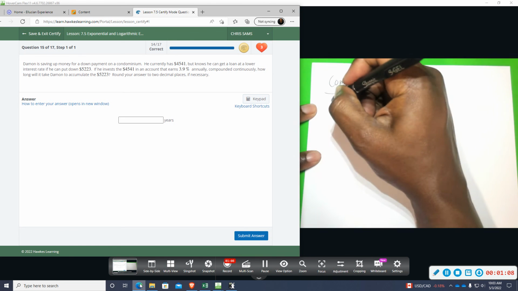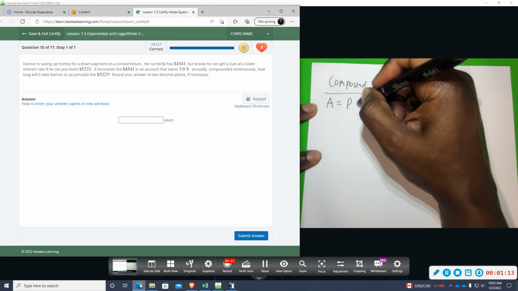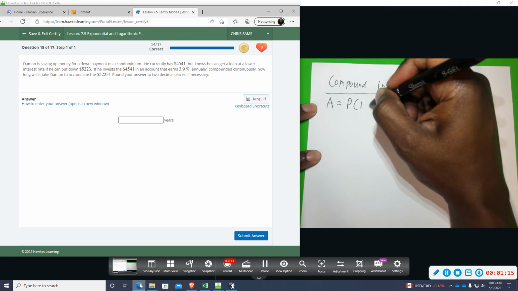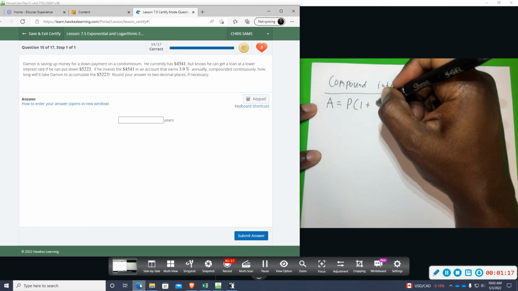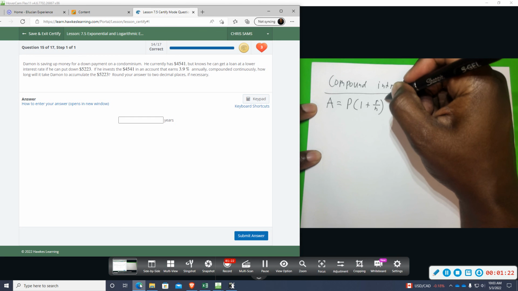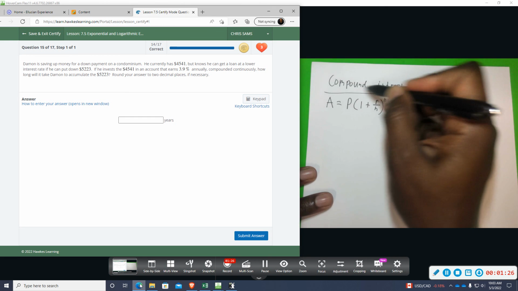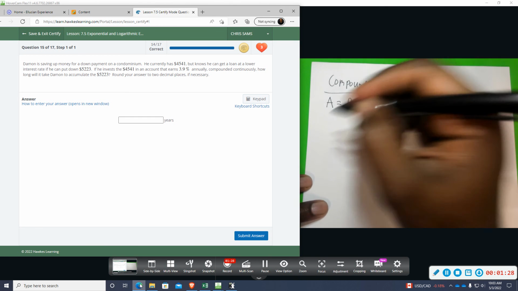Compound interest is A equals P, open parentheses, 1 plus R divided by N, close parentheses, raised to the N times T power. So if you see compound interest, this is a formula we're going to use.